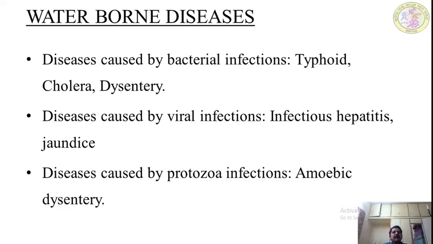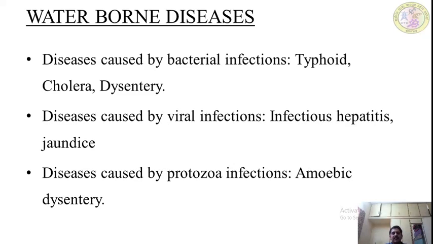Now let us talk about waterborne diseases. What are the waterborne diseases? The diseases caused by bacterial infections are typhoid, cholera, dysentery. The diseases caused by viral infections include infectious hepatitis, that is jaundice.